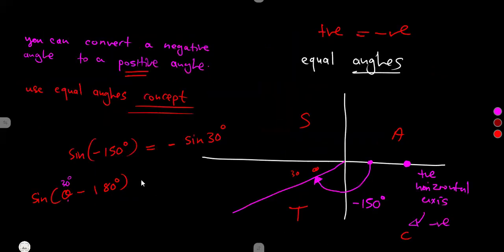So in actual sense, it is minus the sine of theta. We are going to write sine of theta, where theta is 30 degrees, minus 180 degrees to get minus 150. So it is equal to minus sine of 30 degrees. This is how you're supposed to have it.